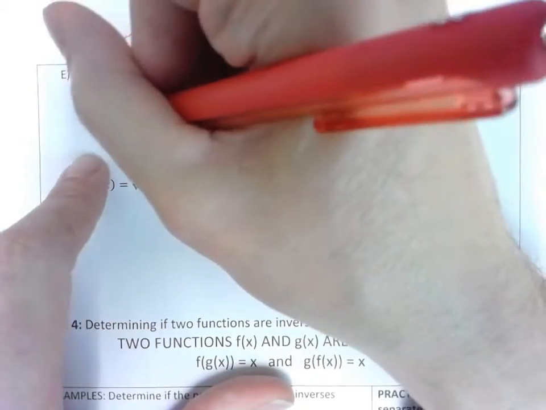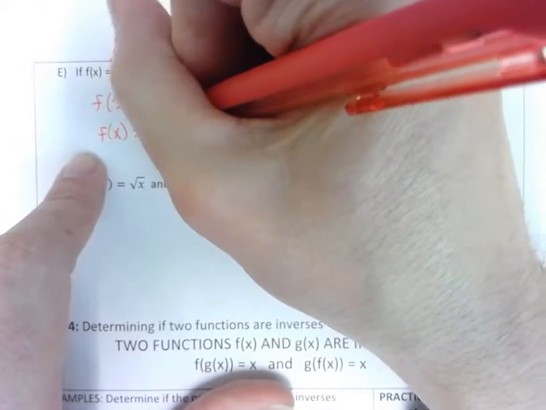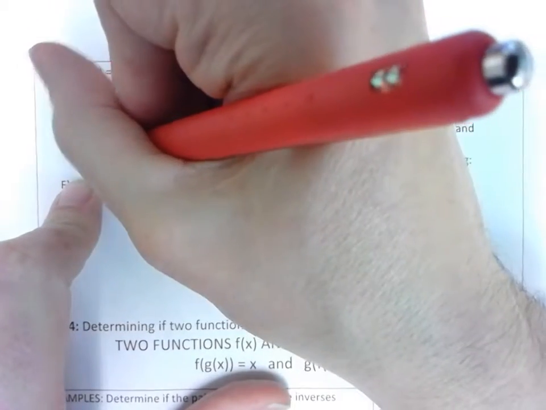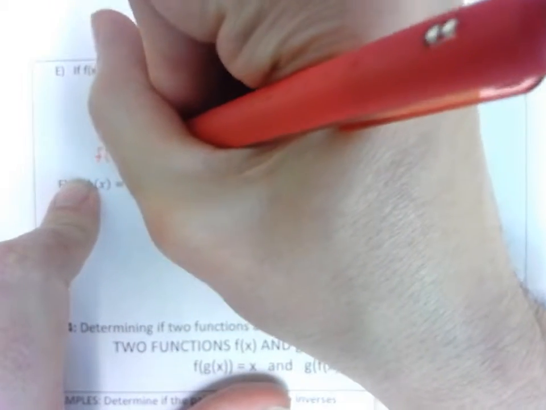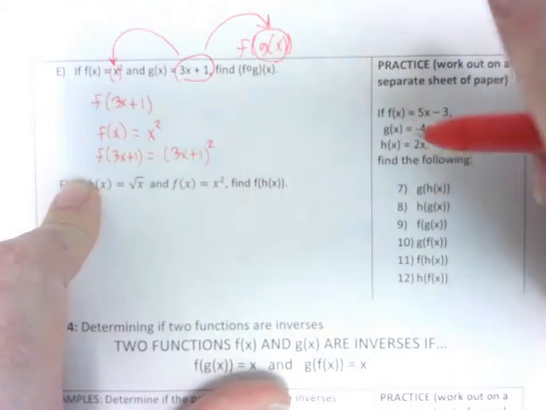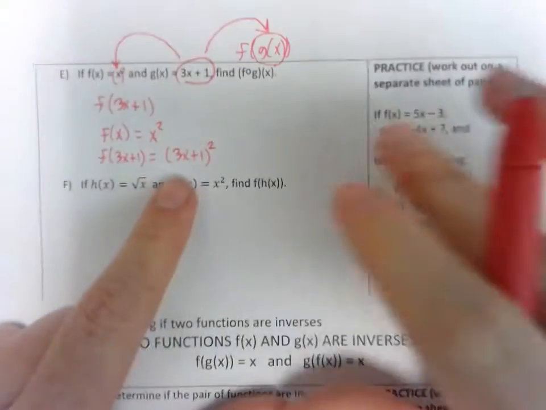So since f of x is x squared, f of 3x plus 1 equals 3x plus 1 squared. And that's technically your answer, but we can simplify that.